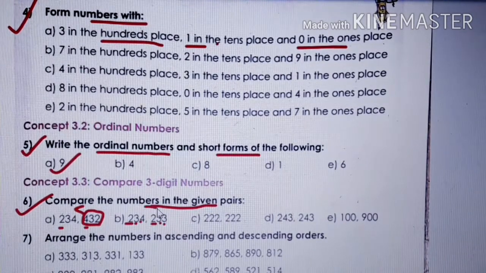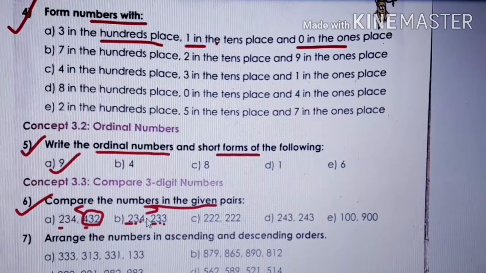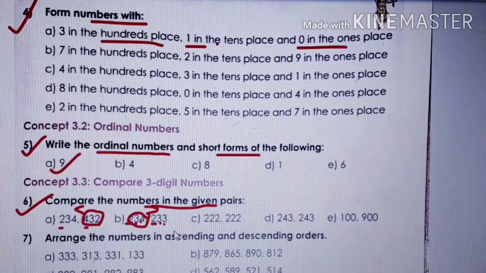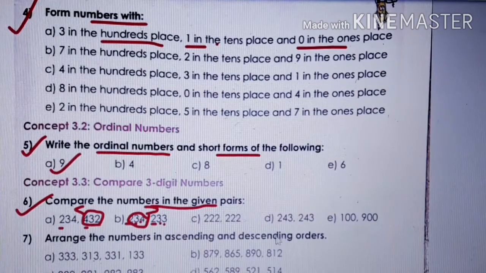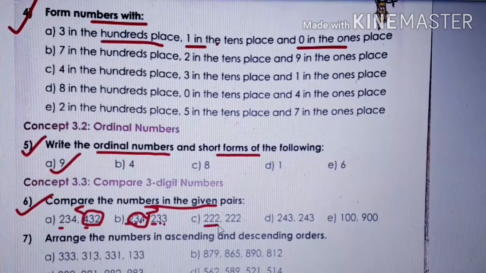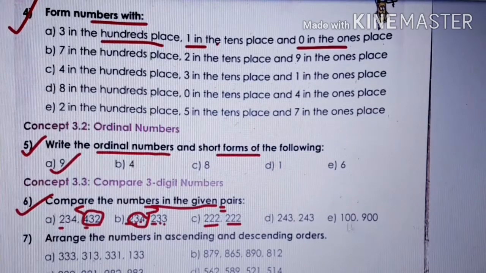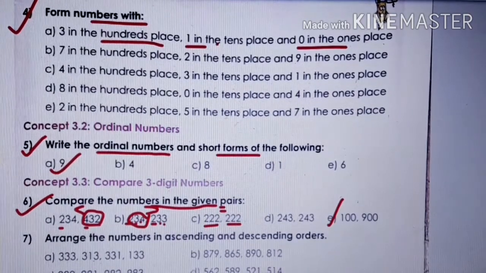It means the number 234 is greater than 233. Is it clear? This is how we have to do. And here you can see both are same, isn't it? So which sign will come? Equal to. Both are equal. Okay. So this is how you are going to do up to E.